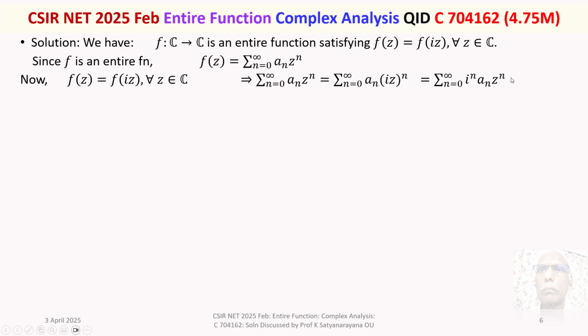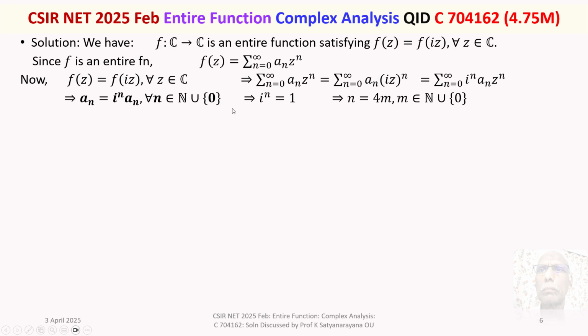That will be equal to sigma n is equal to 0 to infinity i power n a n z power n. Now, equating the corresponding terms from these two power series, we will get a n is equal to i power n into a n for all n belongs to the set of natural numbers union the singleton set 0, that is, for all non-negative integers n.